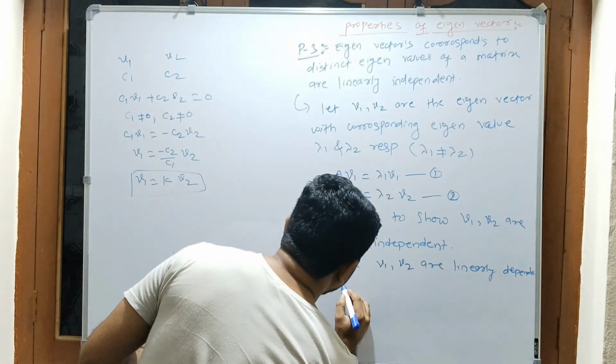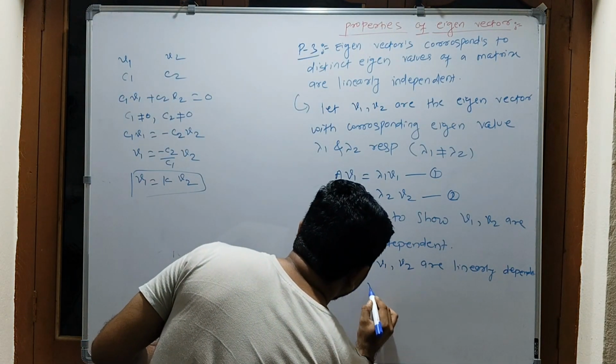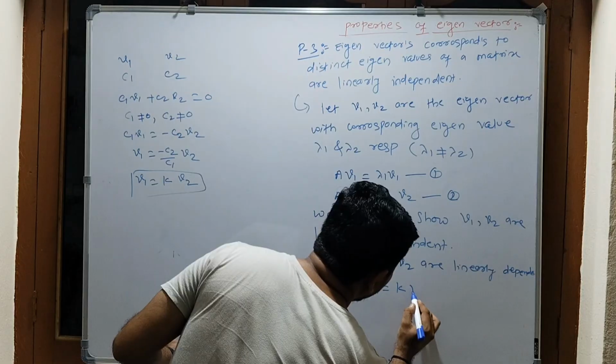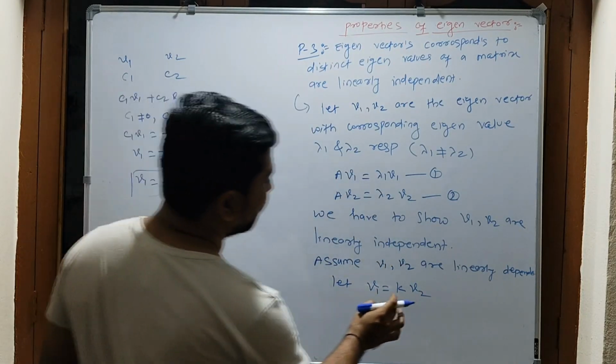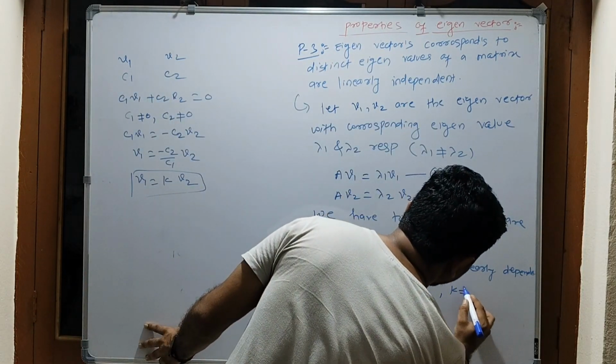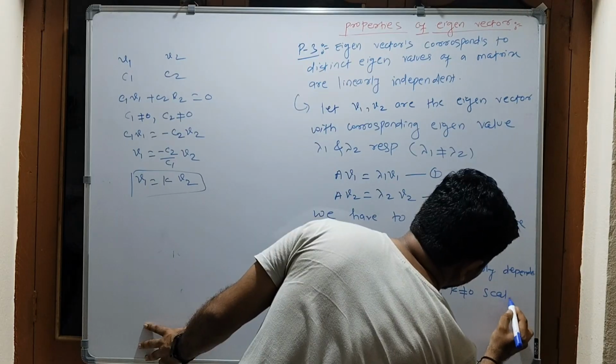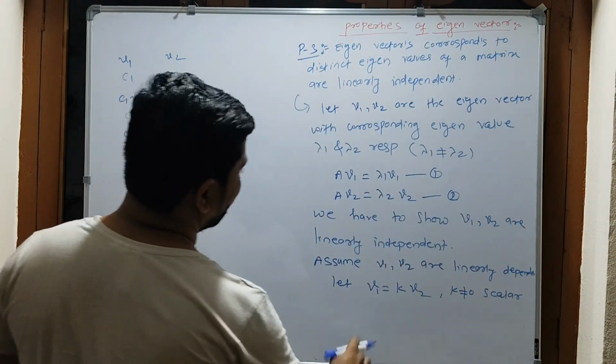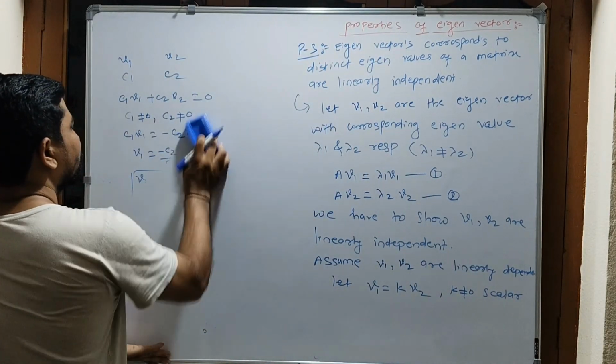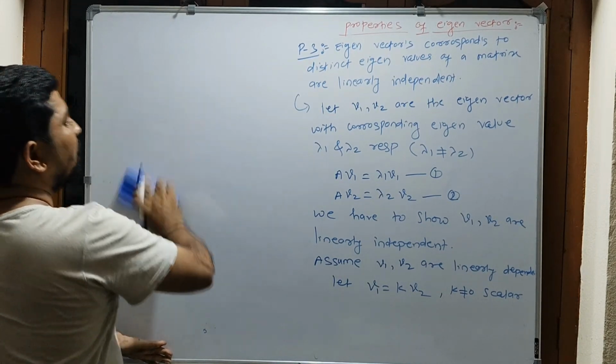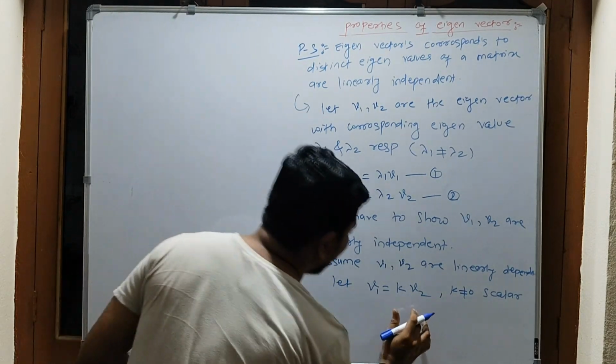So I am taking v1 and v2 linearly dependent, and let v1 equal some k times v2, where of course k is a non-zero scalar. Now apply A on both sides.